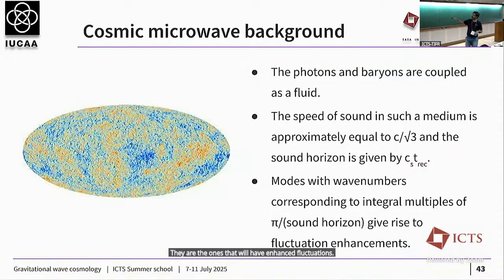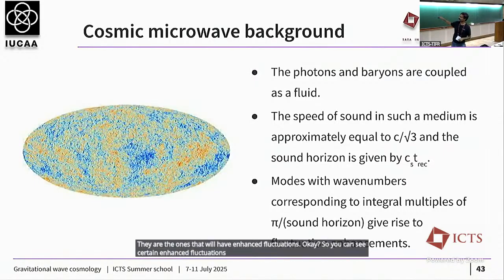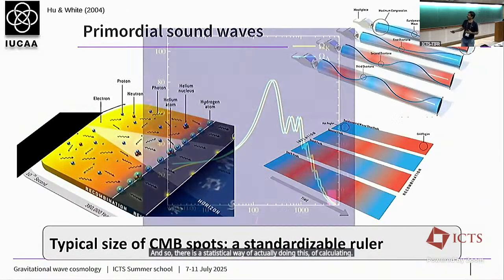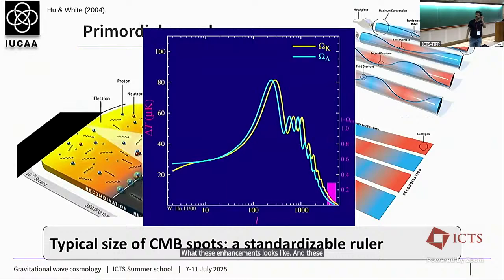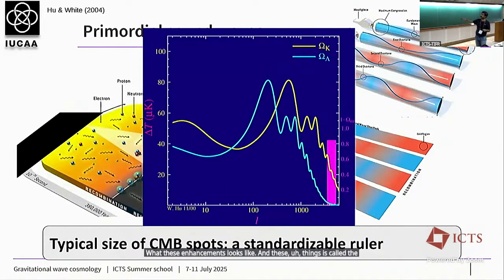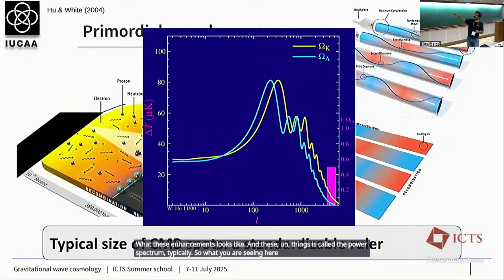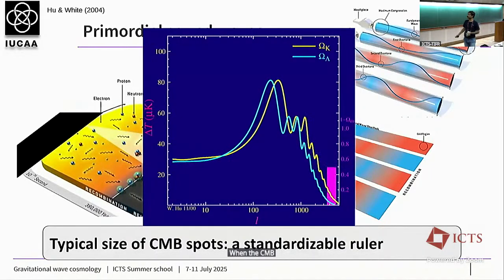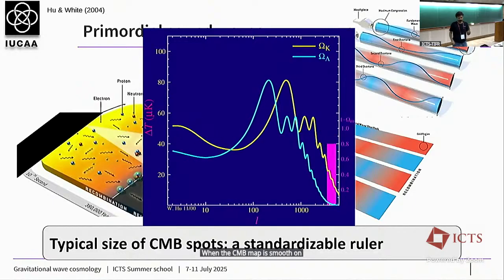Okay, so you can see certain enhanced fluctuations already here. Like there are scales on which these fluctuations are quite large. Okay? And so there is a statistical way of calculating what these enhancements look like. And this is typically called the power spectrum. So what you are seeing here is the RMS of temperature fluctuations when the CMB map is smoothed on particular scales.